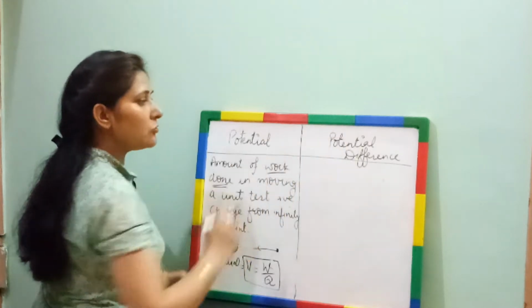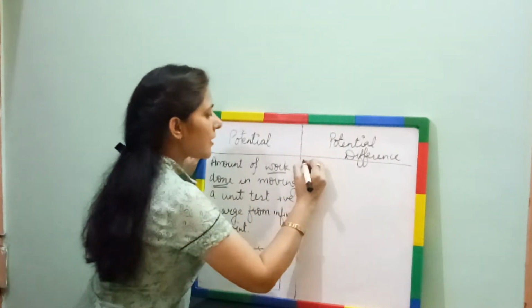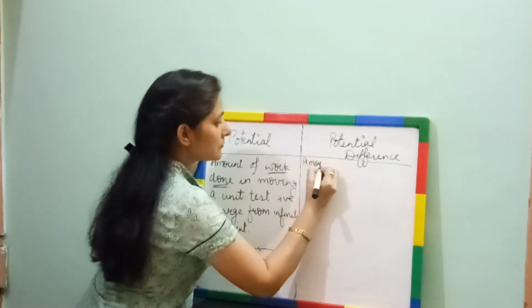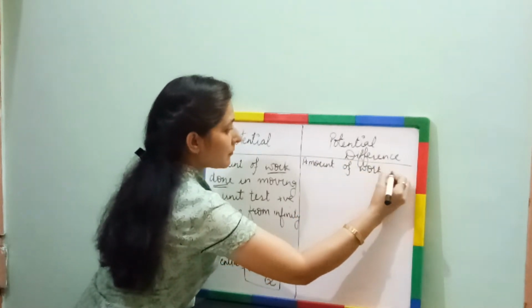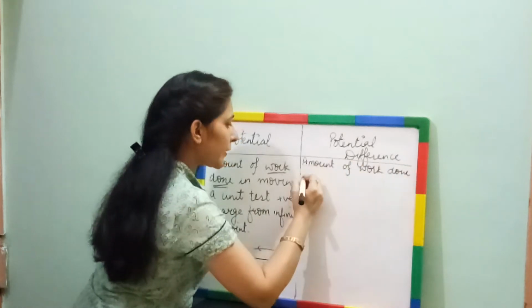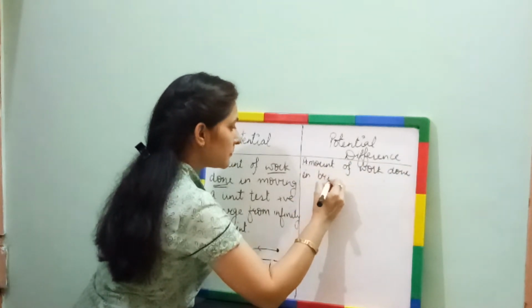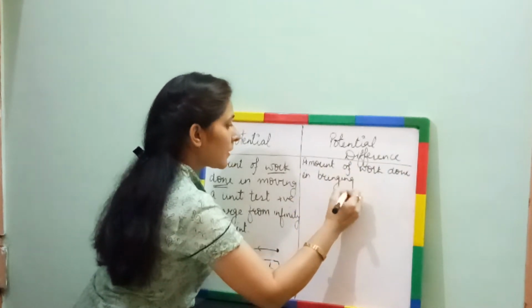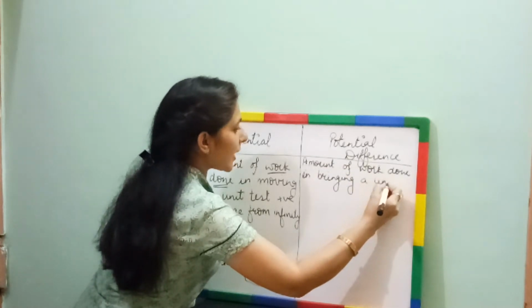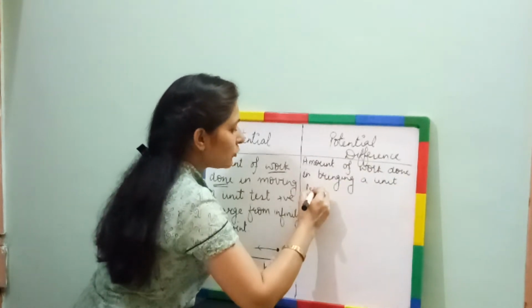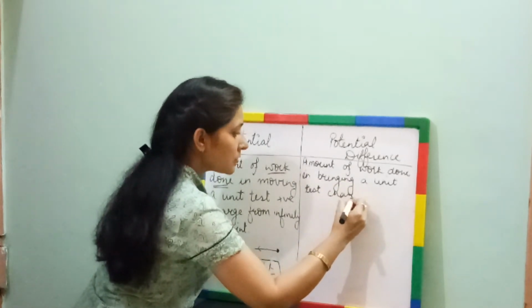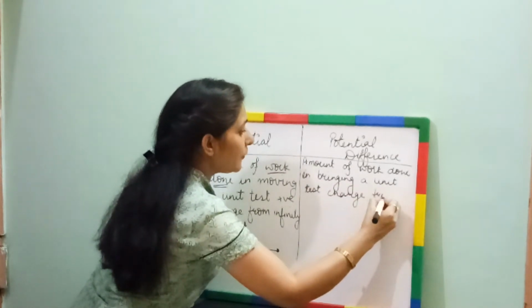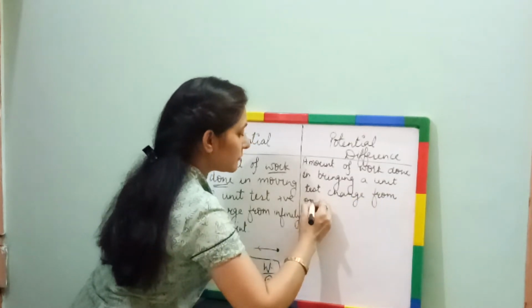Now coming on to potential difference. This is the amount of work done in bringing a unit test charge, as I told you, it is always conventionally positive, from one point to another point.